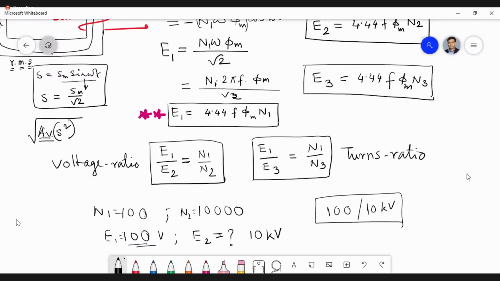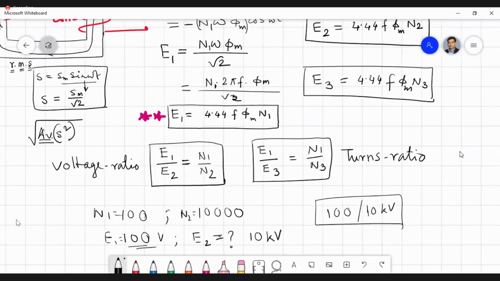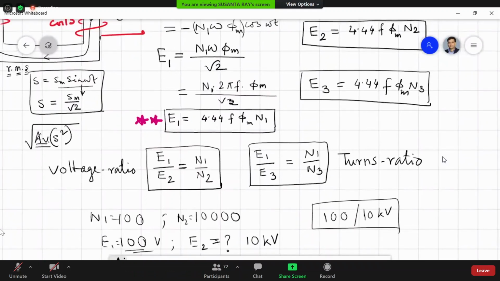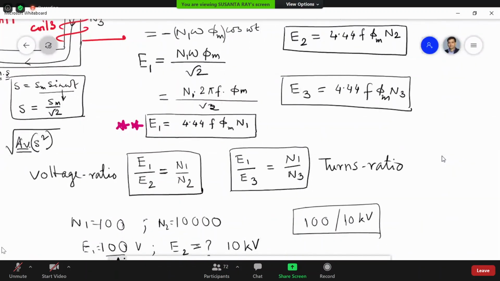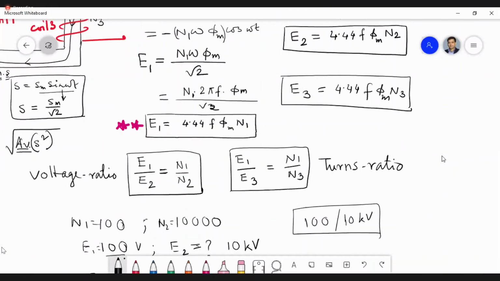So it is not possible to touch the 10 kV side, isn't it? Is it recommended to touch the 10 kV side? No, sir. It's not recommended. We don't want to kill anybody, isn't it?